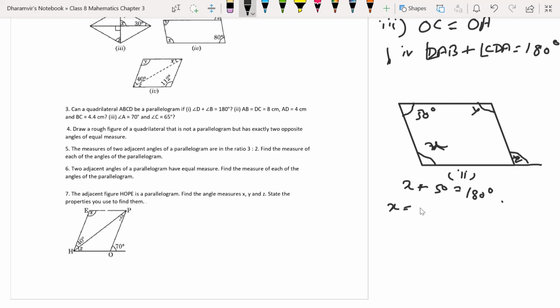X is equal to 180 minus 50 is equal to 130 degree. Then Y would also be 130 because opposite angles in a parallelogram are always equal.